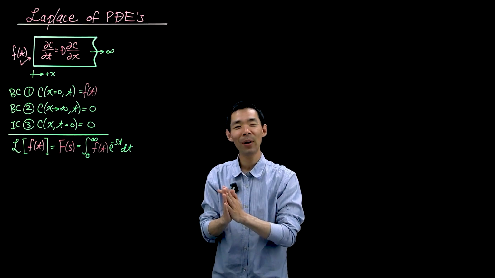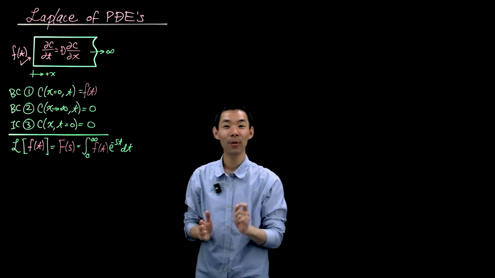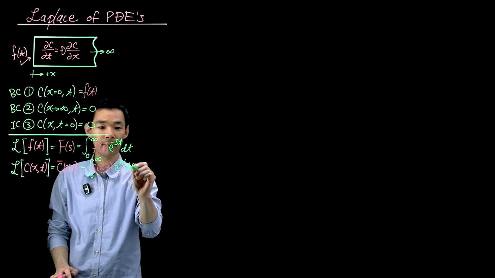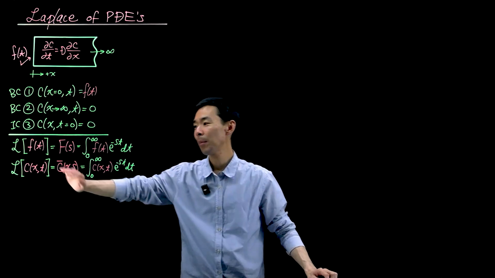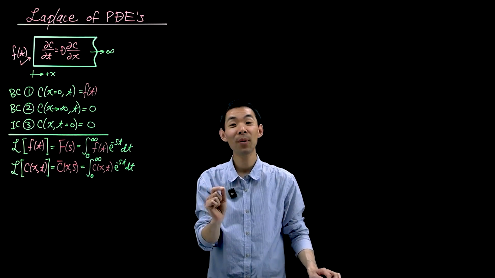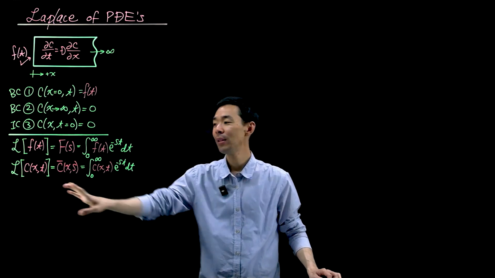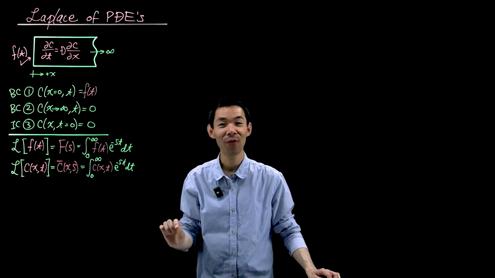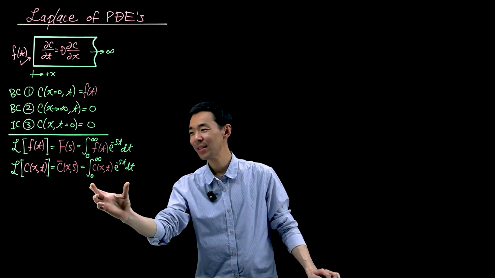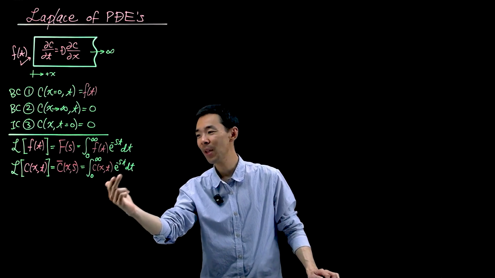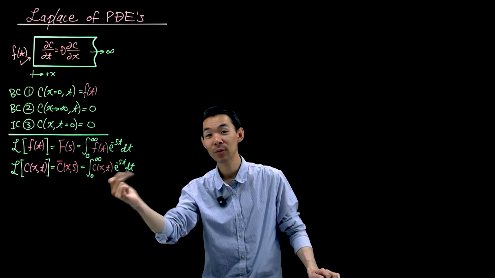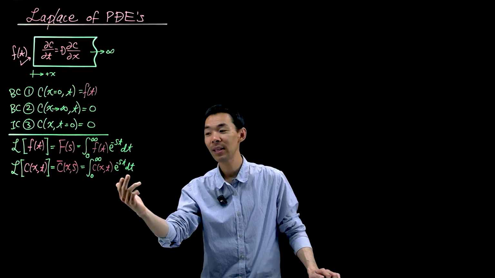Now, we want to take a Laplace transform of a multivariable function. So we want to take the Laplace transform over the variable t, time, leaving x by itself, untouched. That's going to be the integral from 0 to infinity of the concentration in real space, real time, e to the negative st dt.